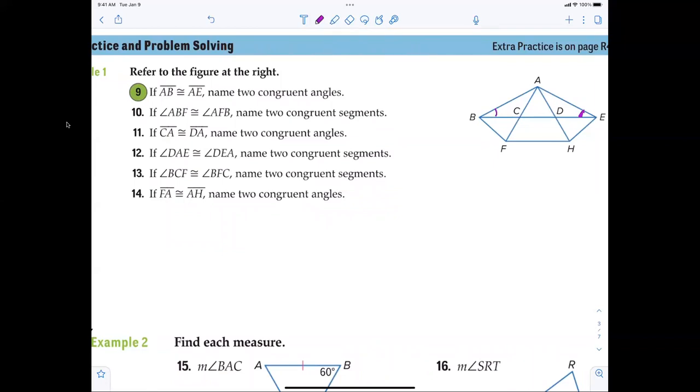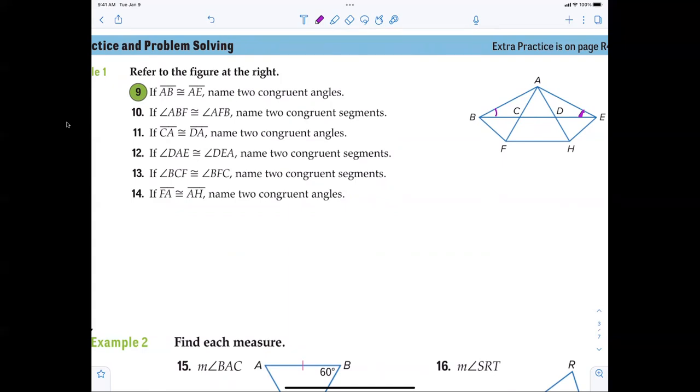All right, number 12. If angle DAE is congruent to angle DEA, what two sides? Yes, I told you this is easy. Does anybody have any issues with that? AD and what?